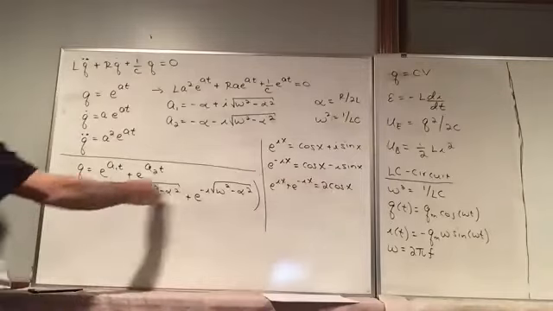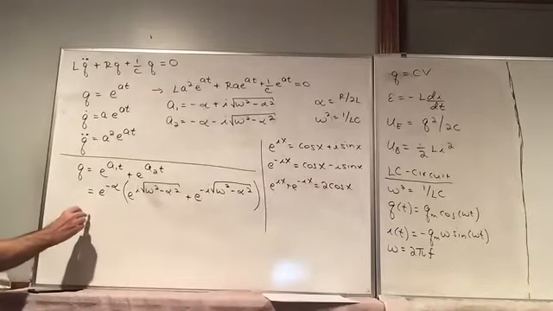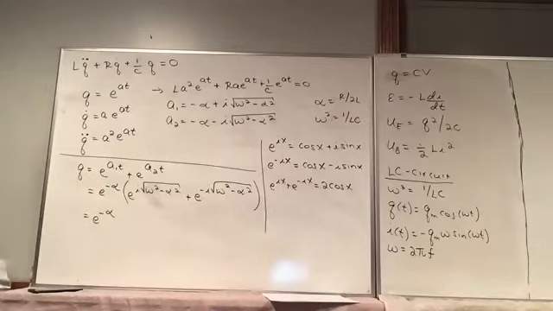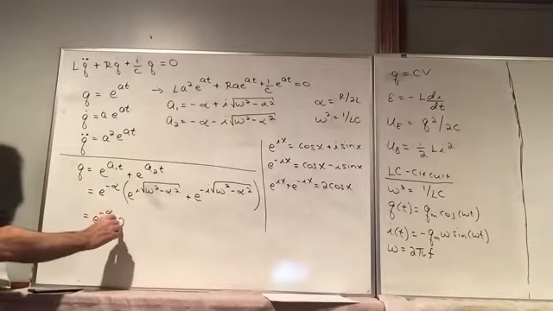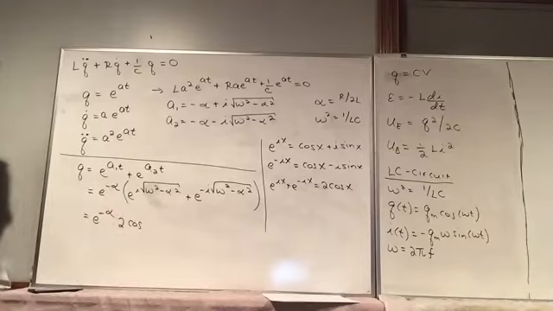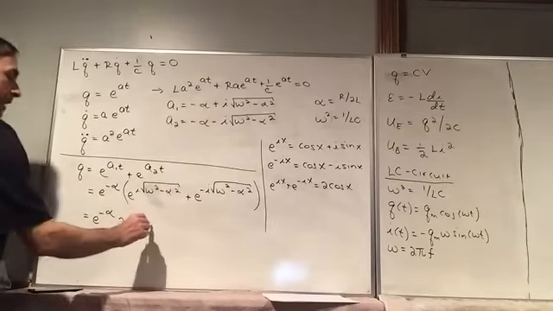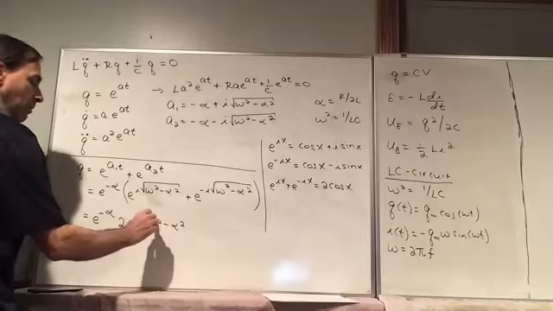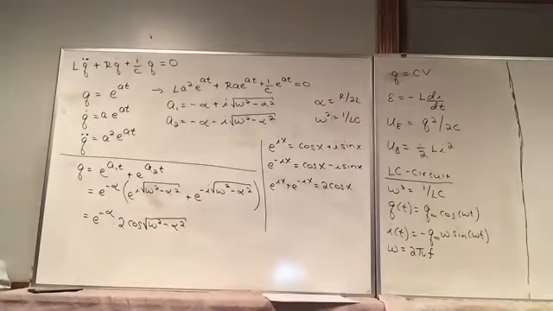So this whole thing in parentheses is just 2 cosine of the square root of omega squared minus alpha squared.